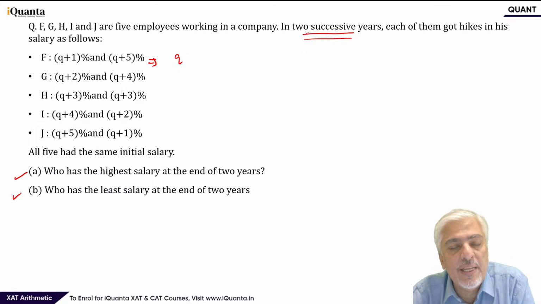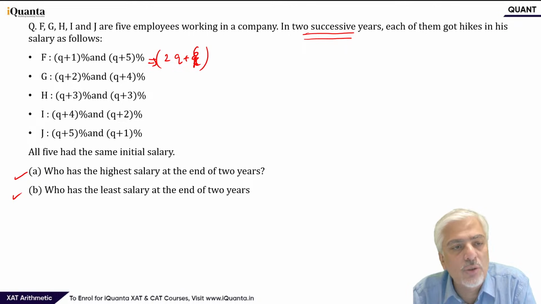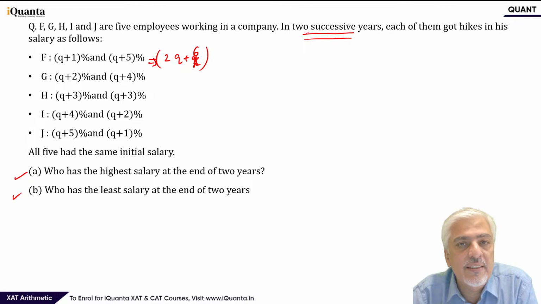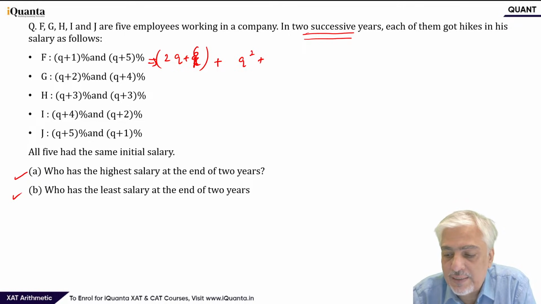If I multiply them, A plus B plus AB by 100 logic. So A plus B will come 2Q plus 6 for all of them. So that part is the same, 2Q plus 6 for all of them. So I'm not going to write it again. The main thing which will change will only be the last number. Even when I multiply them, AB by 100, that will become Q square plus 6Q plus 6.